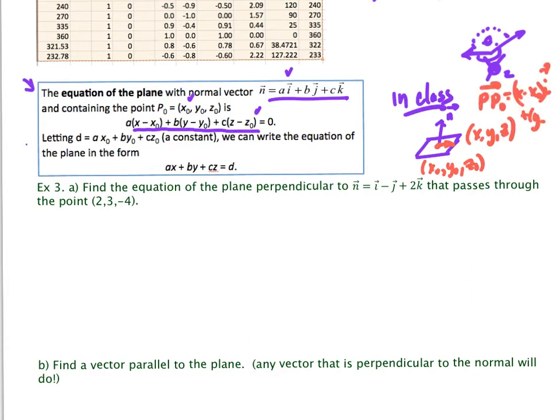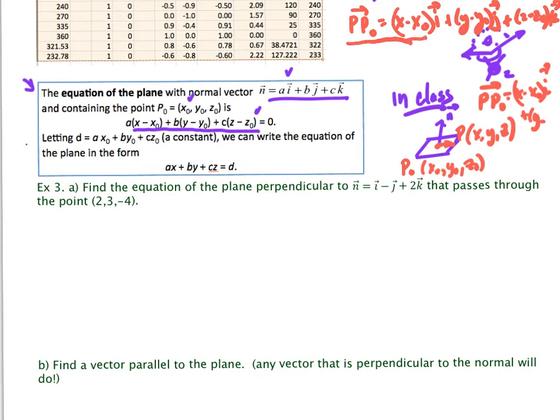So if I write the equation of that vector, that red one, I'm going to get x minus x naught i plus y minus y naught j plus z minus z naught k.